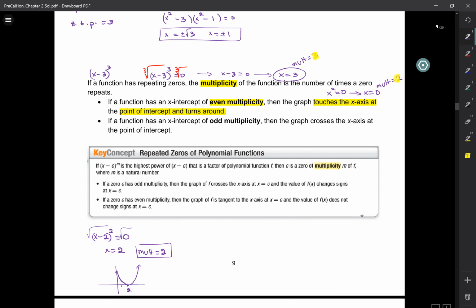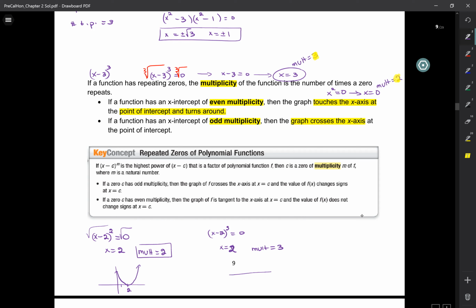As opposed to if I had x minus 2 cubed is equal to 0, well, now again x equals 2. However, this time the multiplicity is 3. And if there is odd multiplicity, then the graph crosses the x-axis at the point of intercept.